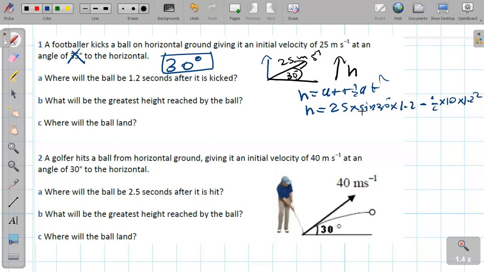So in this case, half means 0.6. 25 sine 30 is 12.5, times 1.2 is 15, and 15 minus 1.44, so 7.2. The height is going to be what? 7.8 meters. Height is some 7.8 meters.